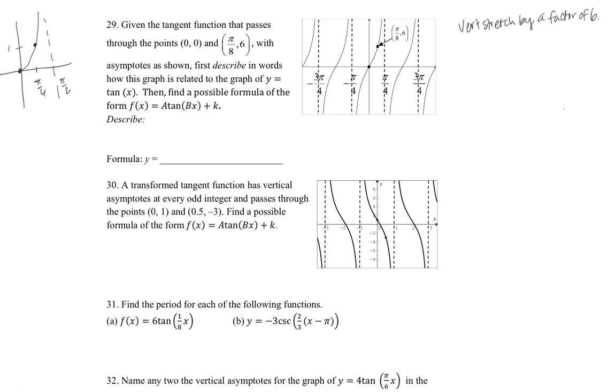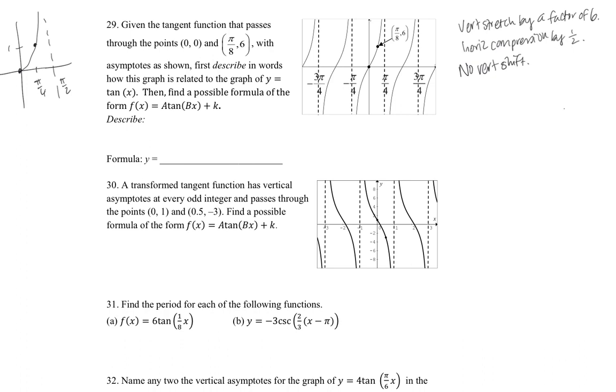So there's a horizontal compression by a factor of 1/2. And so it should be 6 tangent, and then there's no vertical shift.